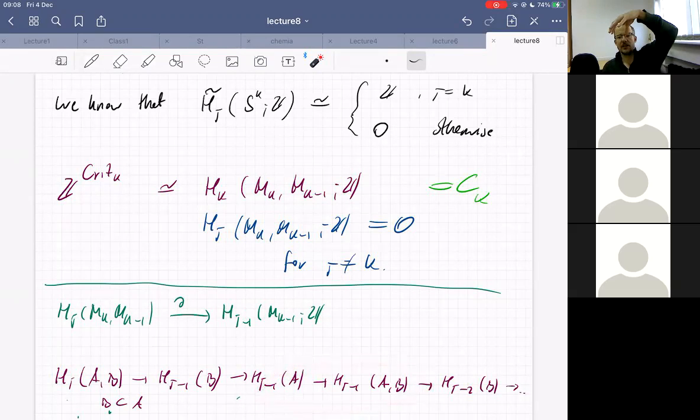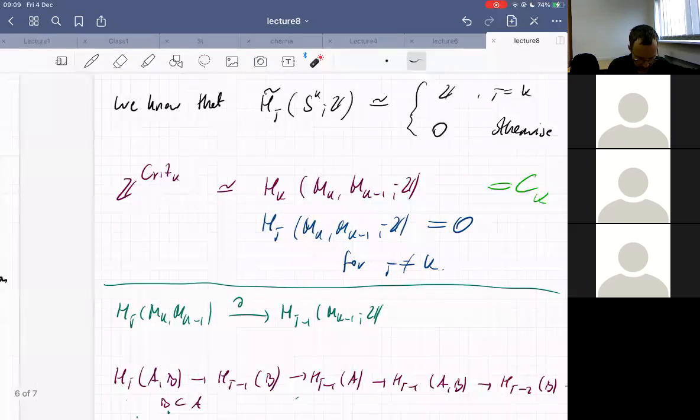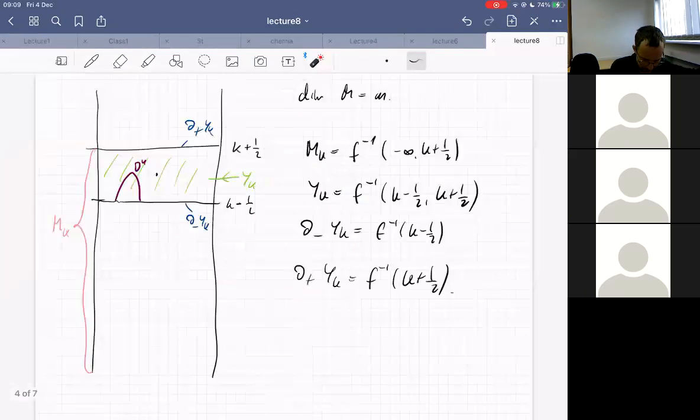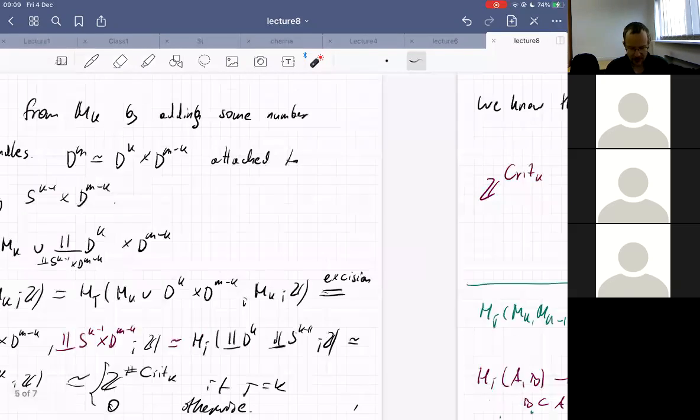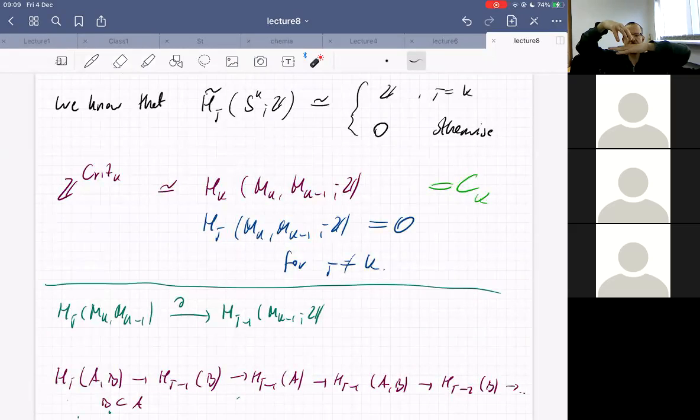You have a relative cycle, like a disk with a boundary on B. Then you forget about the disk and consider only the boundary. This is the boundary map. The boundary of a relative cycle is an absolute cycle in B. This is how you construct the long exact sequence.